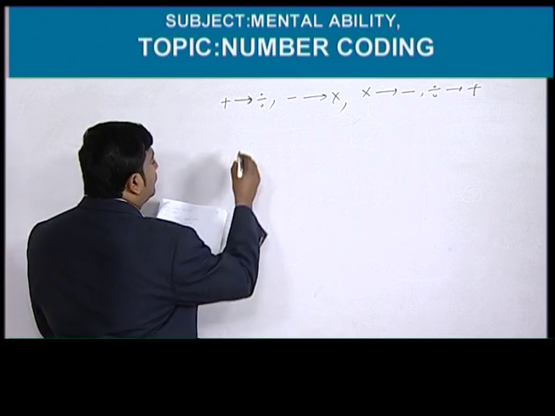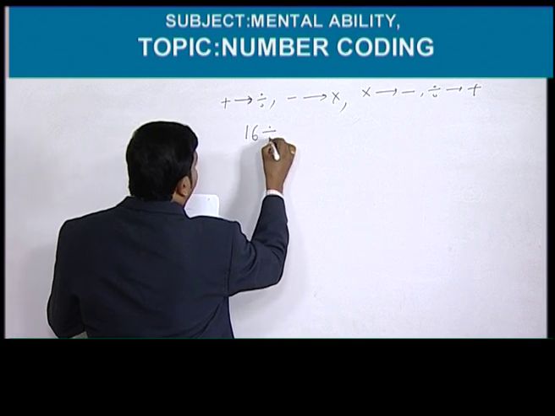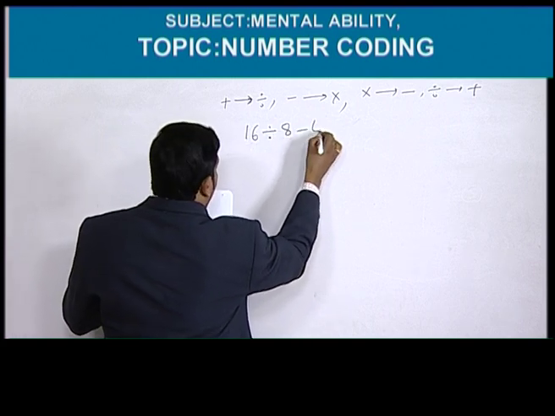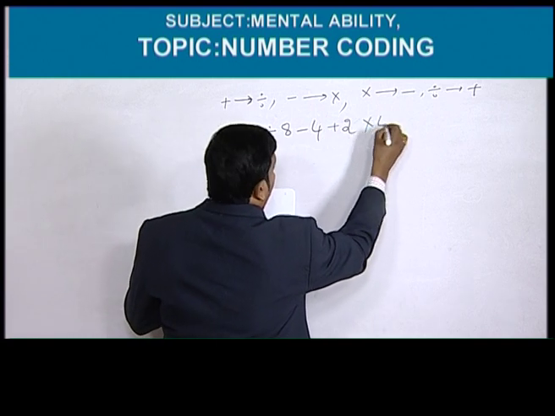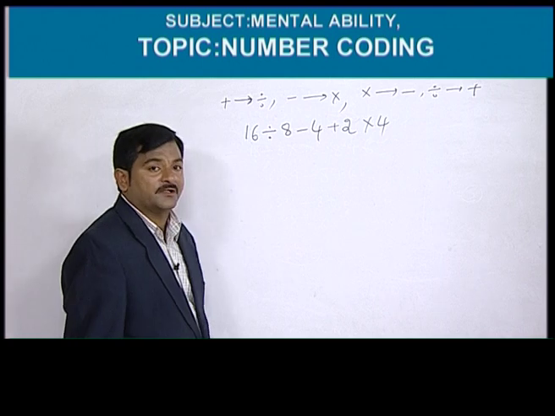Then he asked to find the value of 16 divided by 8 minus 4 plus 2 into 4.